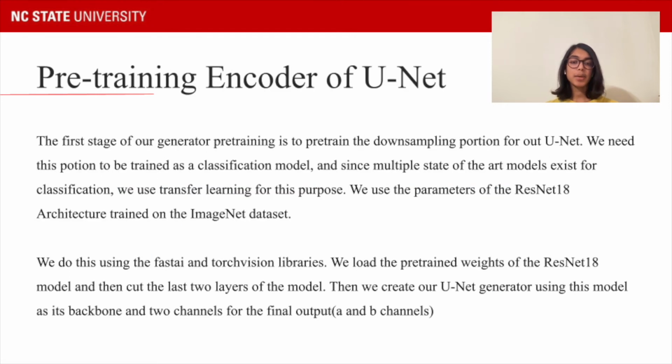So the very first step that we talked about was pre-training the downsampling part of the U-Net generator. For this portion, a lot of state-of-the-art models already exist, and therefore we just plan to use transfer learning. We use a ResNet-18 model over here by loading its pre-trained weights and performing the task.